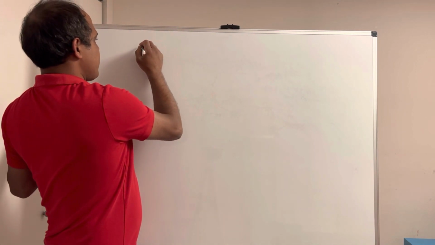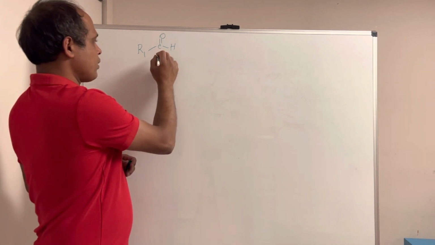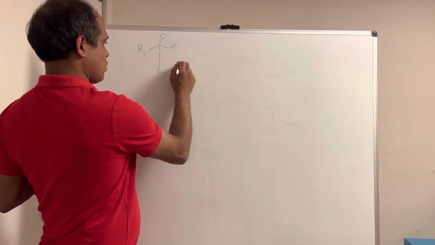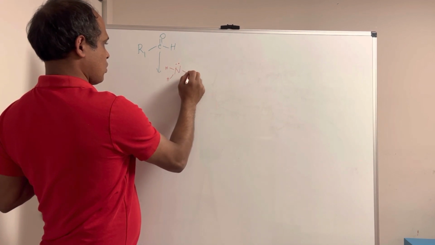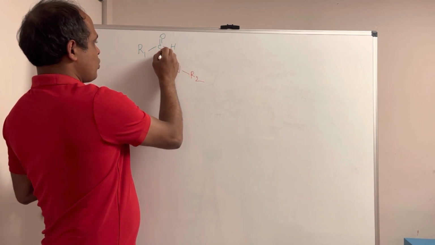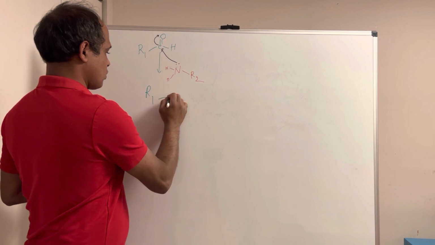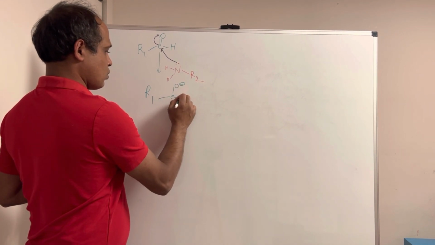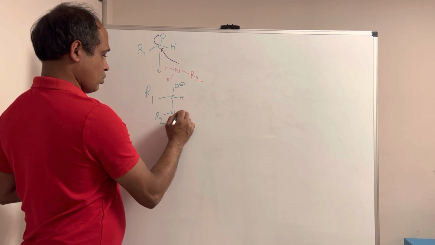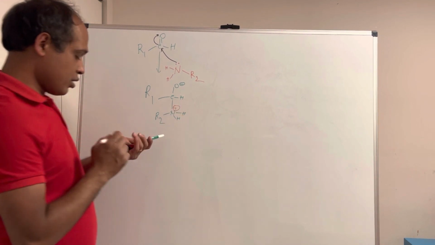So first take an example. This will be your aldehyde, and it will go through nucleophilic attack, and since the nitrogen is giving electrons, it becomes positively charged.